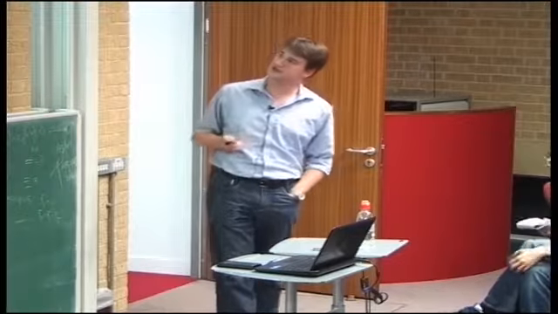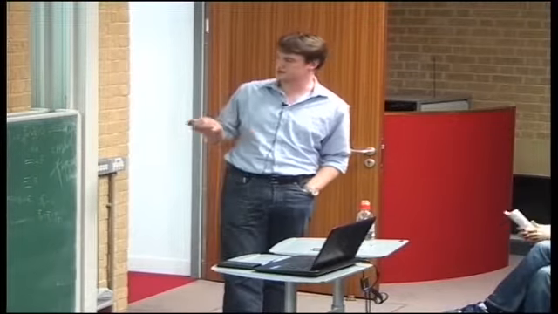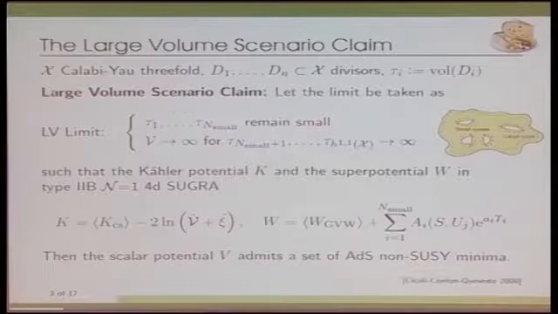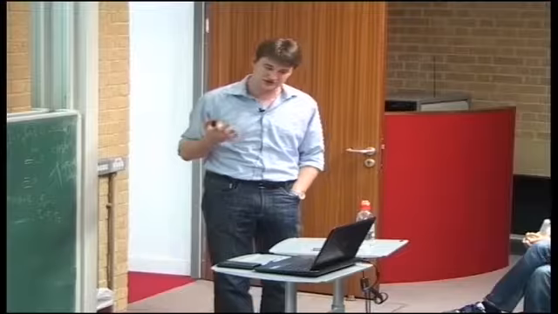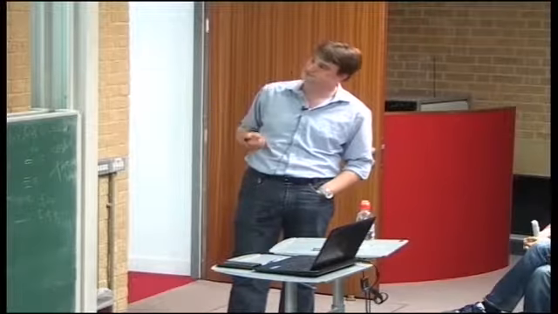So the original large volume scenario claim, as I mentioned in this paper from 2008, can essentially be summarized to this statement. You have a Calabi-Yau manifold, a set of divisors, and the tau i's are the volumes of those divisors. So those are, to emphasize, four-cycle volumes.